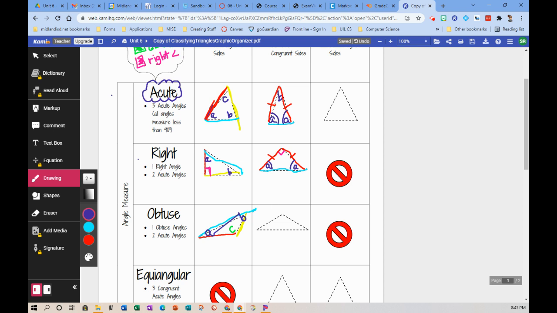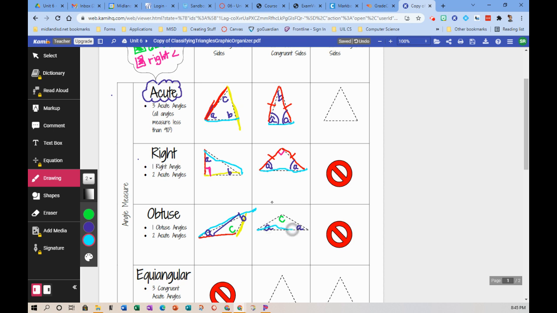Obtuse triangles. We have two acute angles, A and A, and one obtuse angle, which is green. Here's C. And we're going to have our obtuse or long edge, which is turquoise.